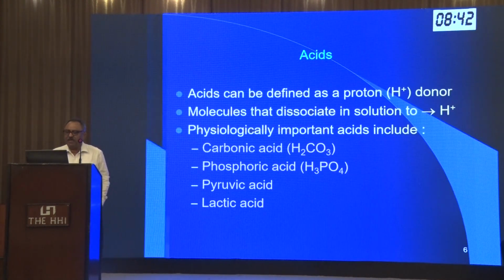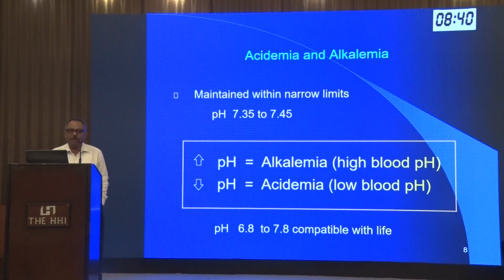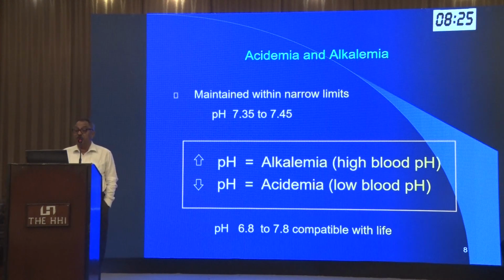What are acids, what are bases? We are not going to explain this to these dignitaries. They're all very, very accomplished doctors. Now, this is again from the book, pH 7.35 to 7.45, and pH 6.8 to 7.8 compatible with life. My experience of 25 to 30 years of critical care setup is telling me this is not right.